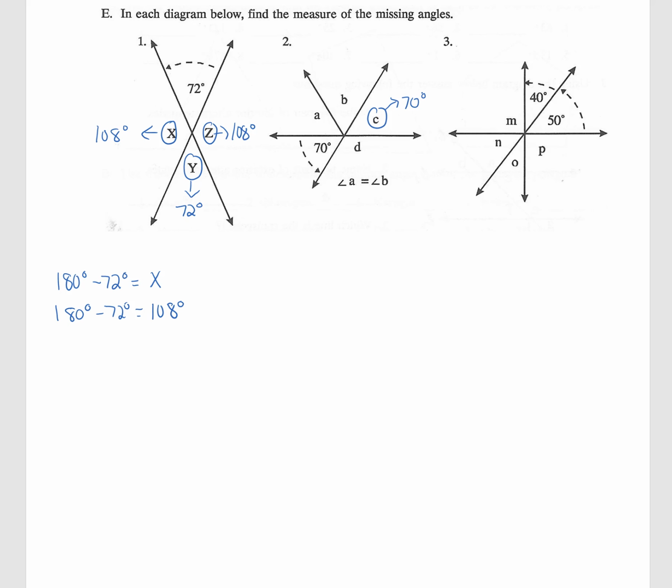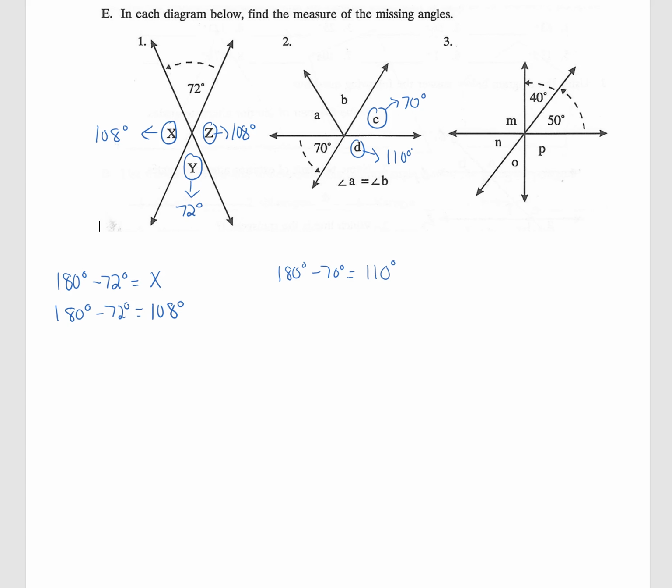The next thing we can figure out is angle D, because we know that D and 70 have to add up to 180 degrees to make this straight line. So to figure out D, we'll do 180 degrees minus 70 degrees, which is 110 degrees. So D has a measure of 110 degrees.